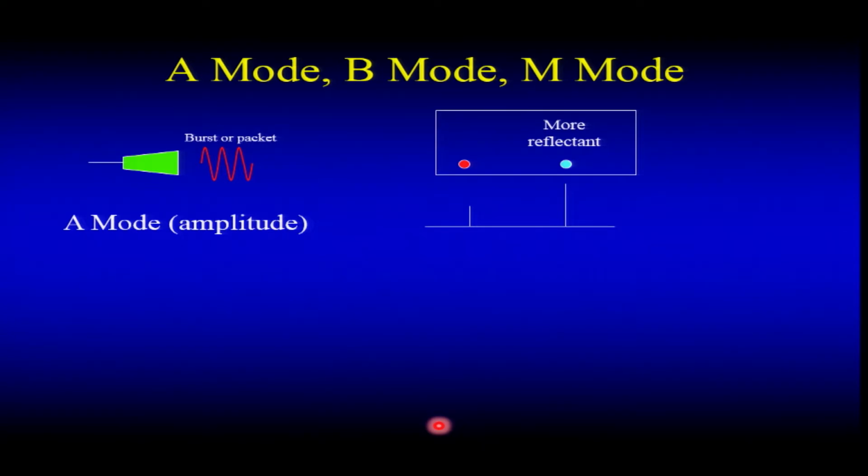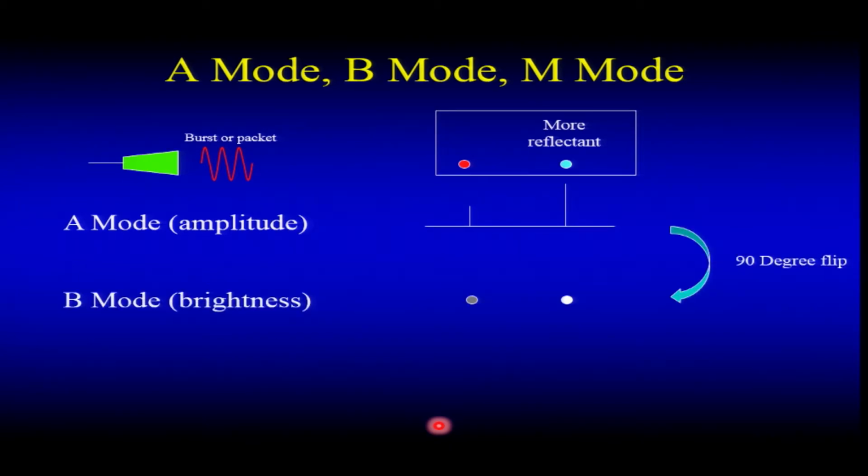So in the less reflectant, it will be much less intense, and the more reflectant one will be more intense. That doesn't help me much, really, to image well, but this is how it started, believe it or not. A B mode, which is brightness, so I flip this vector towards you, so it becomes a brightness mode.